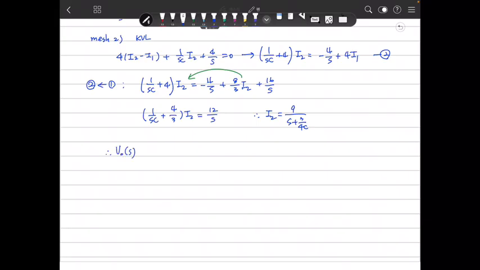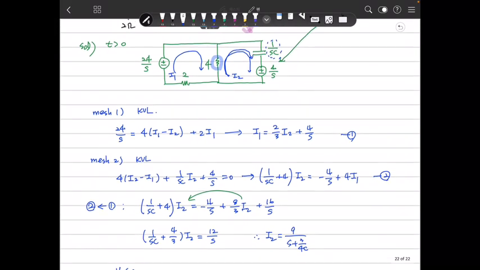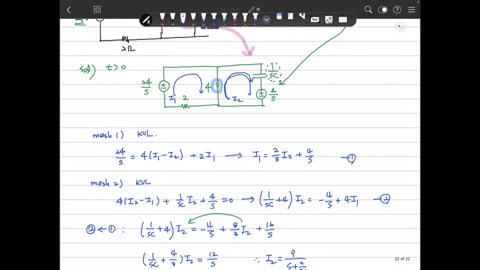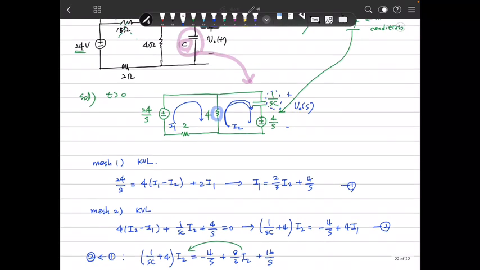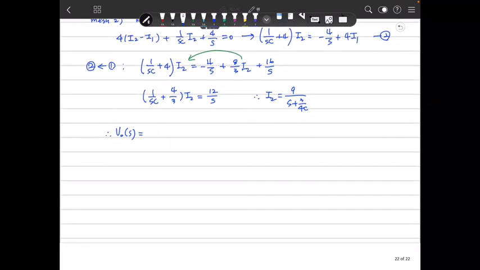Therefore VOS, this is VOS. VOS is the voltage between this and this.